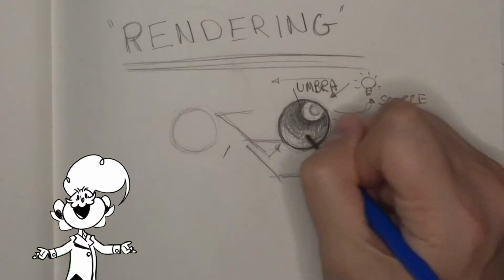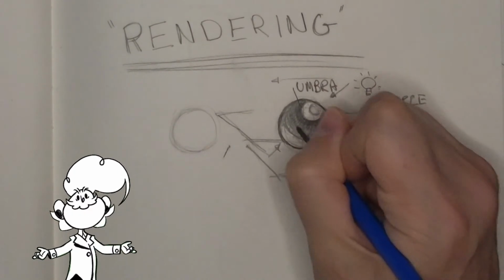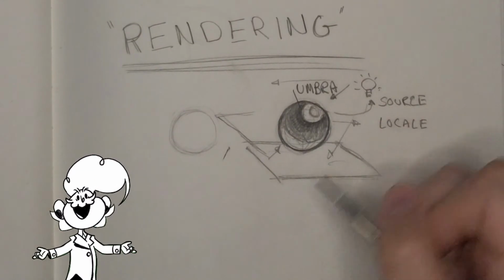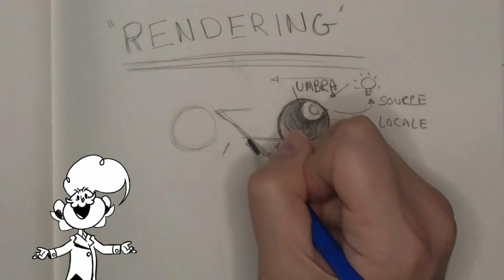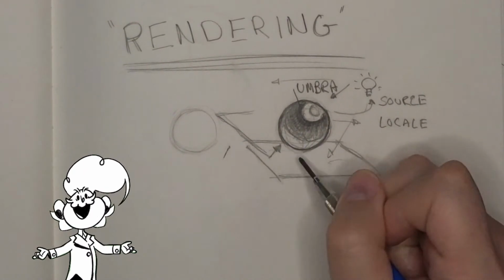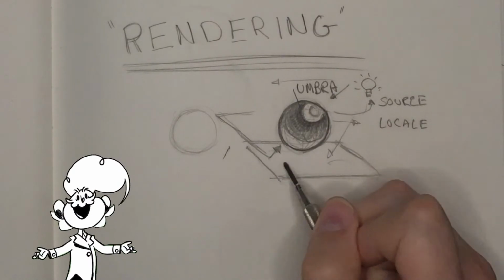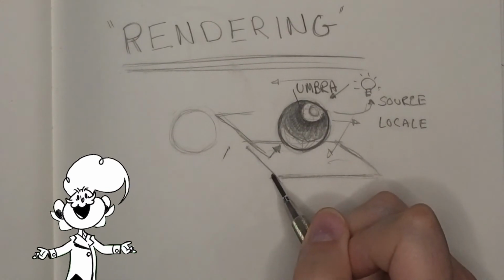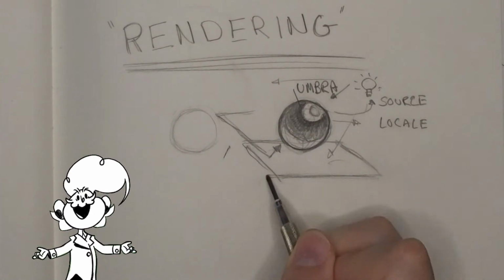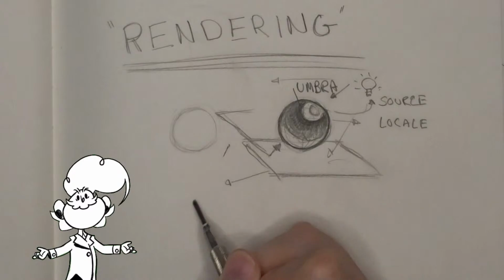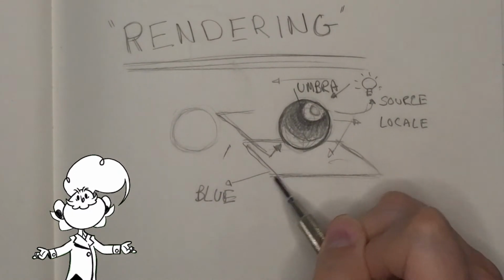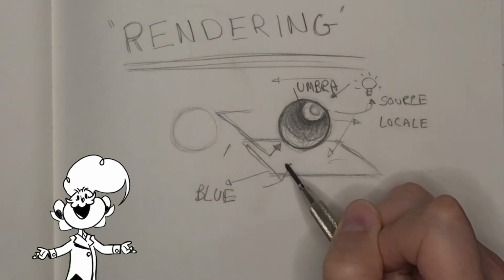The other reason this is the darkest area is because of this bounce light phenomenon, right? So the bounce light is usually, as a result of bouncing, the color of the thing it's bouncing off of. So if this ground was blue, then the bounce light would be blue.